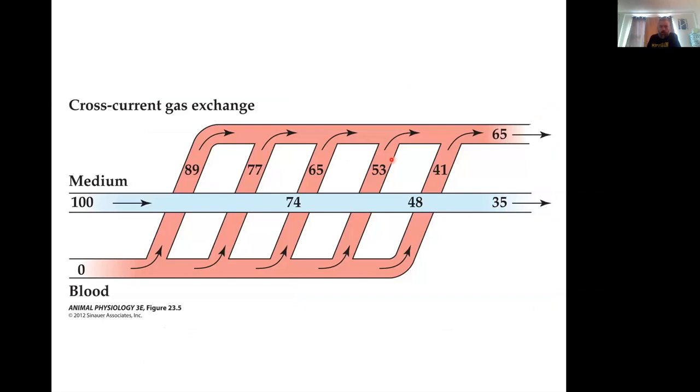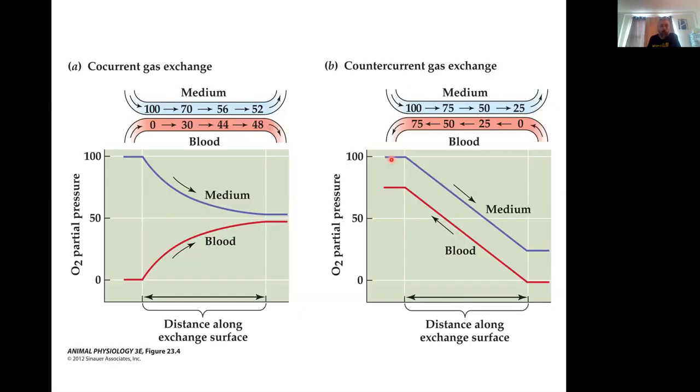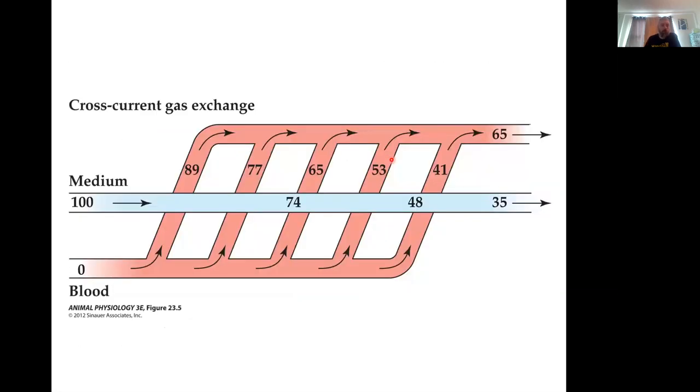With animals that have gills, pretty commonly what we see is instead of countercurrent gas exchange, we get what's called cross-current gas exchange, where the water flows across the gill surface this way, and blood makes several cross-cutting pathways across the way of the water.